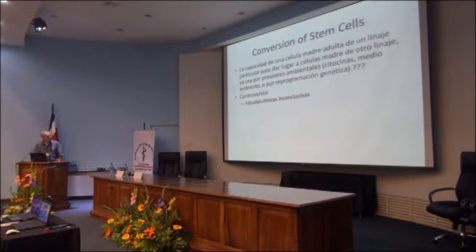But there's a big question here. Is this dogma true that adult stem cells cannot differentiate in other tissues? And there's for a long time been a question, can adult stem cells convert into another type of stem cell?